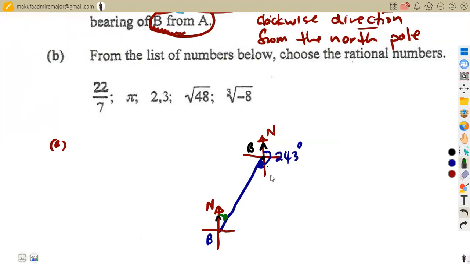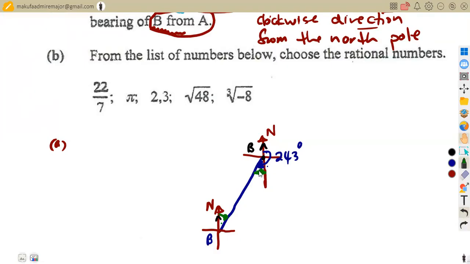This angle here is the same as this angle that we see here. Remember, these are parallel lines. As you can see here, we are forming a Z, alternate angles. So this angle and this angle will be equal.